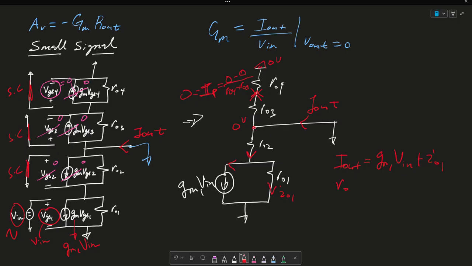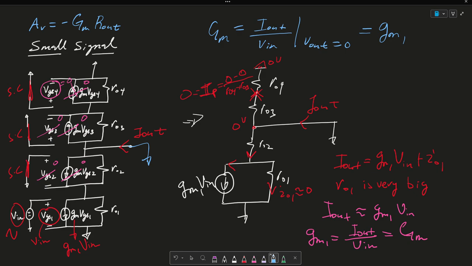If we consider that RO1 is very big, that means this IO1 is extremely close to 0 because no current is going to flow through here, so I out is approximately GM1 Vin. As a result, GM1 is equal to I out over V in, which is my equation for my transconductance GM. So again, GM in this case, let me write it on the top, is equal to GM1.